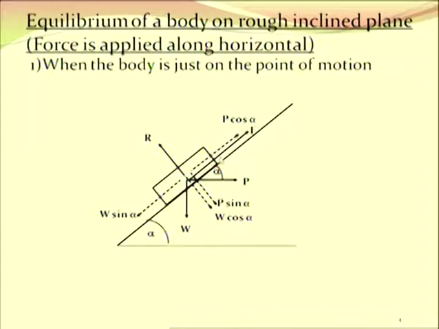And here force P is acting horizontally, so we can also resolve P as P cos alpha and P sin alpha. Here the body is just on the point of motion down the plane. So in this condition it is assumed that the block is moving downward, hence friction is acting upwards. So friction F is towards the positive direction of the plane.